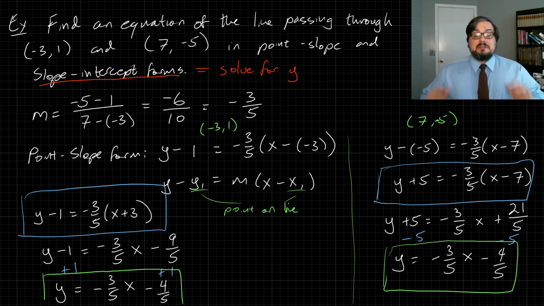And so no matter which of these points that we used, or even if we used a third point on the line to find our point-slope form, we could still arrive at the same slope-intercept form. And in particular, this might now allow us to graph out the line, because we could plot out the y-intercept and we could use the rise over run of the slope in order to get more points.